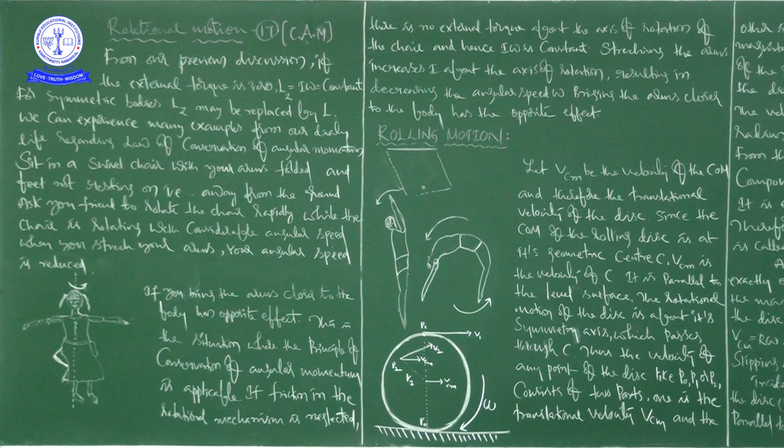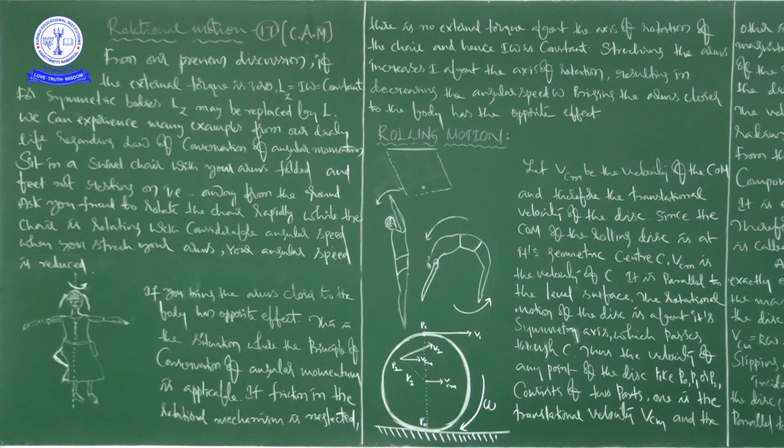So what is the important point? When the girl is rotating in a chair with considerable angular speed, suppose she stretches her hands, what will happen? The angular speed is reduced.